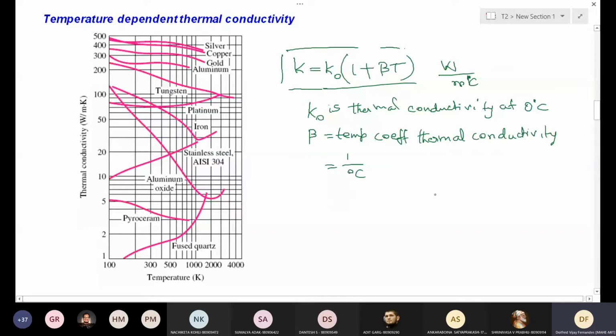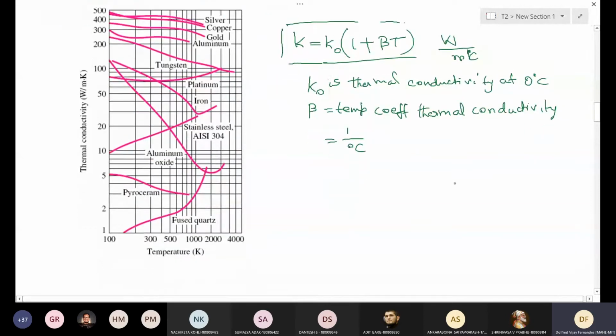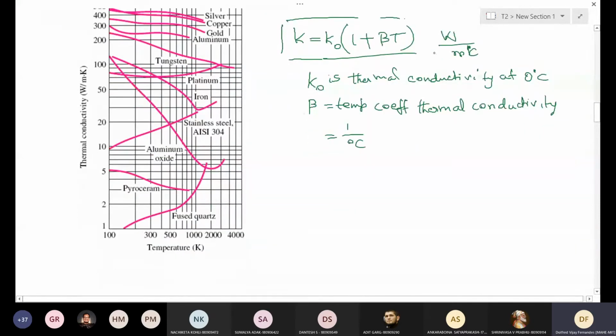But generally, if you look on the internet or in data books, we will get a higher degree polynomial relation of thermal conductivity with temperature. Simply, K can be written as A0 plus A1 into T plus A2 into T squared plus A3 into T cube, like this.